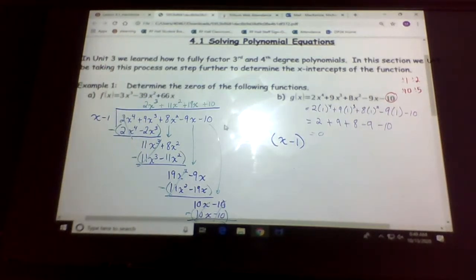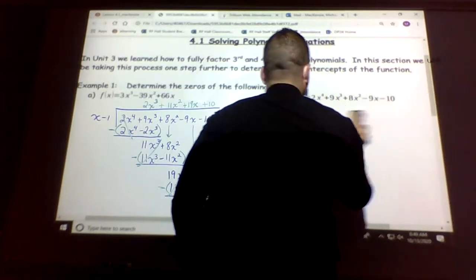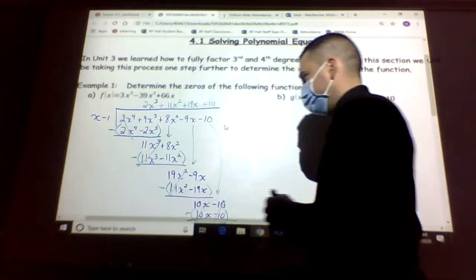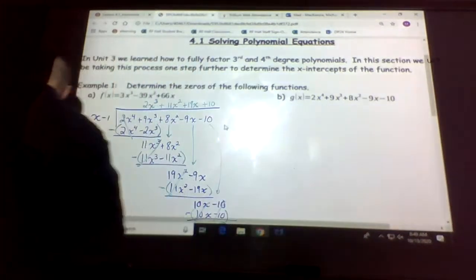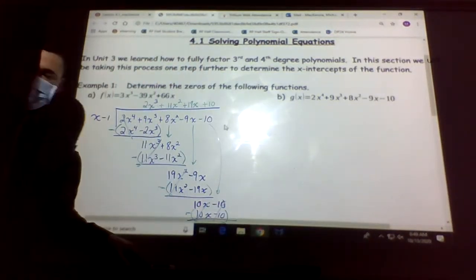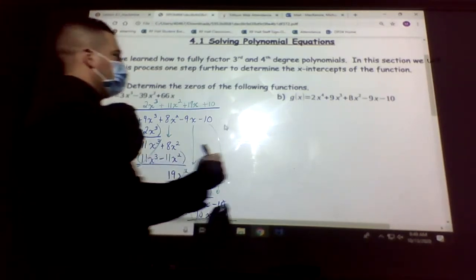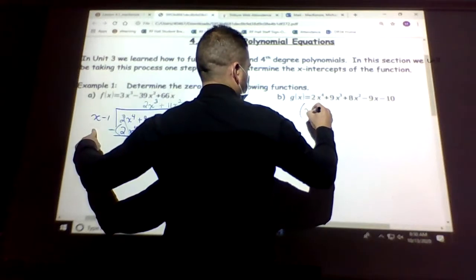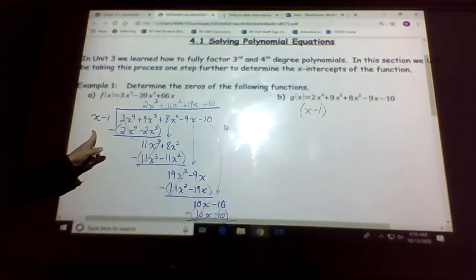Okay, so they both cross off and we get a remainder of 0. So what that means is now we have x minus 1 as one of our divisors, so one of our factors.